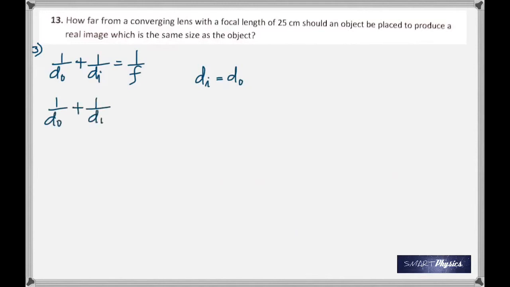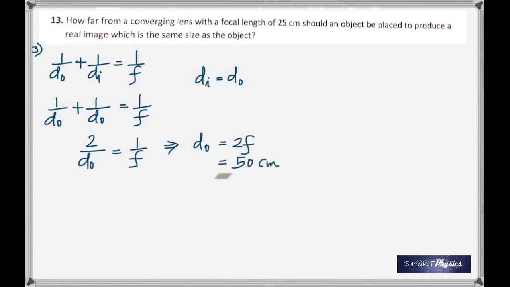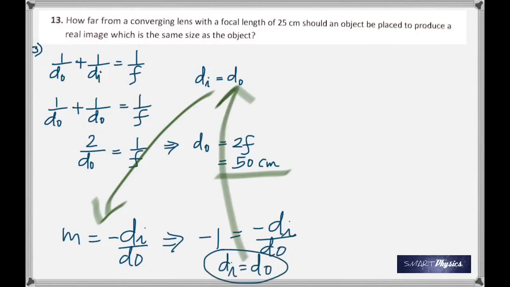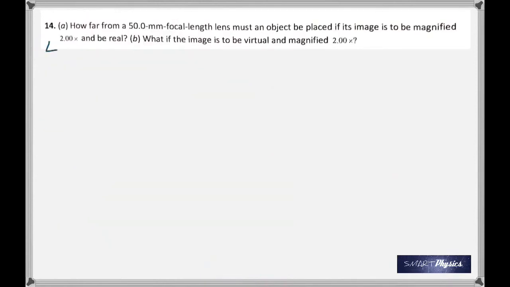So basically DI and DO are equal here. And then put it into the lens equation. I'm going to show you how we get DI is equal to DO. That's the formula for magnification. But magnification is -1. And so you get DI is equal to DO, from which we get DO as 50 centimeters.